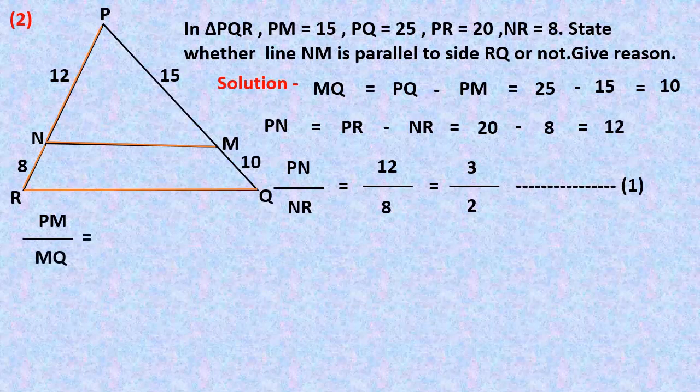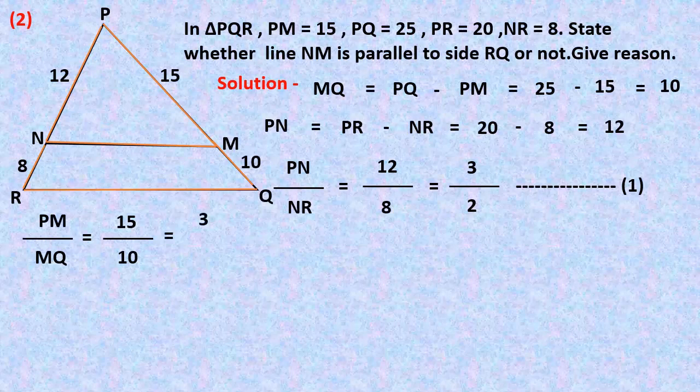From equation 1 and 2, we get that the RHS sides of both equations are equal, that is 3 upon 2, 3 upon 2. If the RHS sides are equal, therefore the LHS sides are equal.